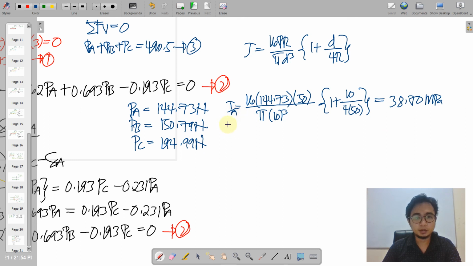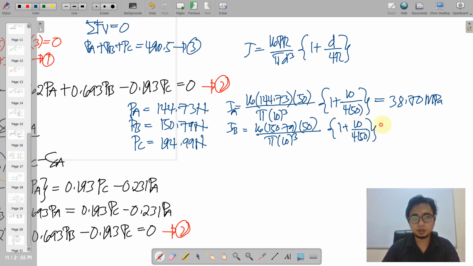And then for spring B, we have 16 times 150.79 times mean radius. This is also steel, so we need to copy those properties. 4 times 50. So we have a value of 40.32 megapascals.